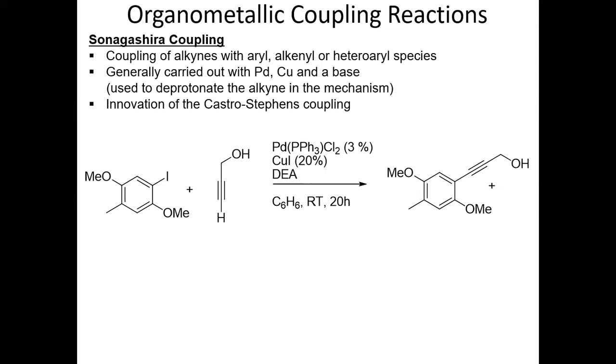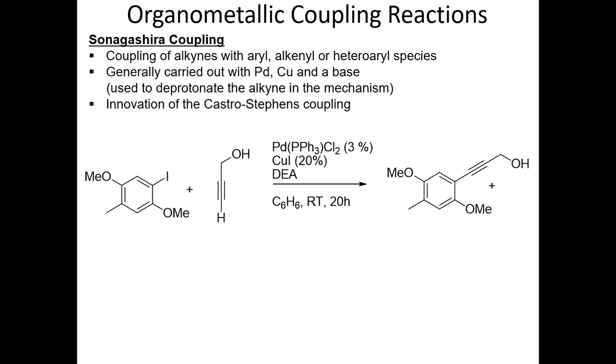That's important because in the product you have an alkyne, and if you want to hydrogenate it, halogenate it, or do some other perturbation to it, you can. And that's important because sometimes you want that alkyne.